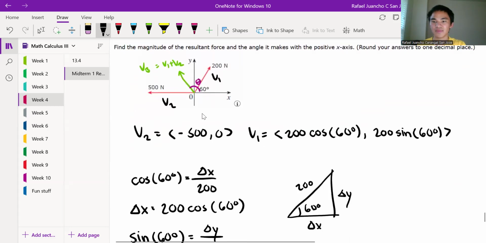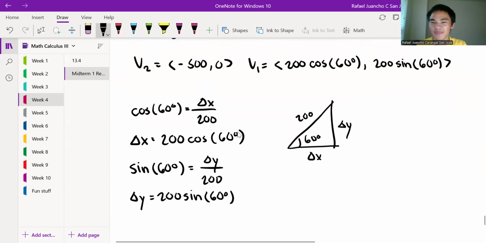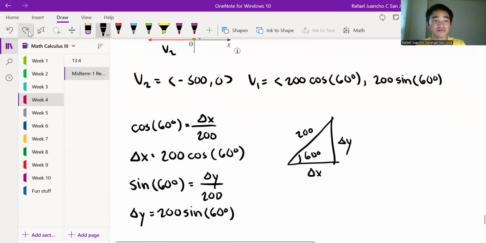Okay, now I got those. Now what? I need to find B3. Goodness gracious. Also, another thing I need to do actually is find cosine of 60.